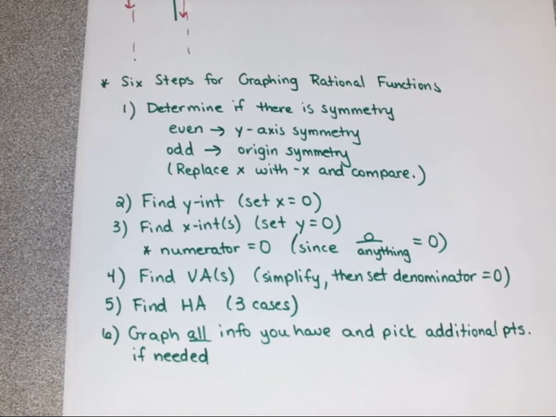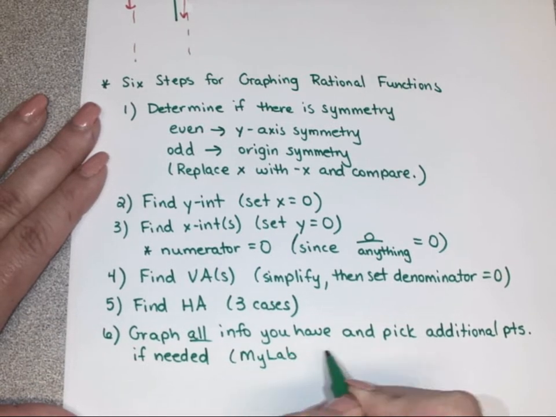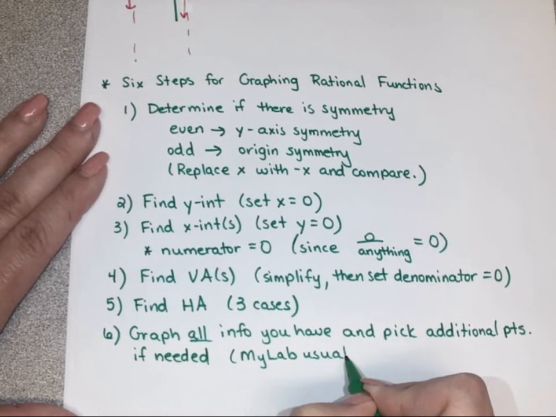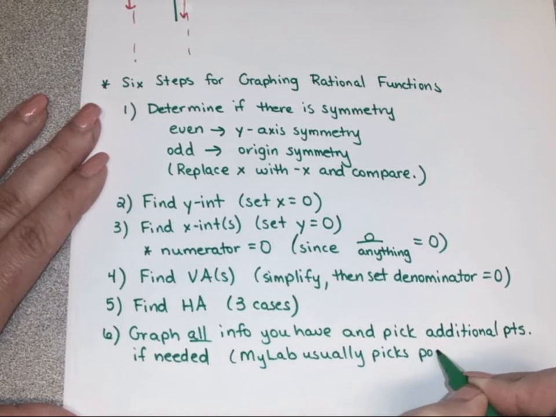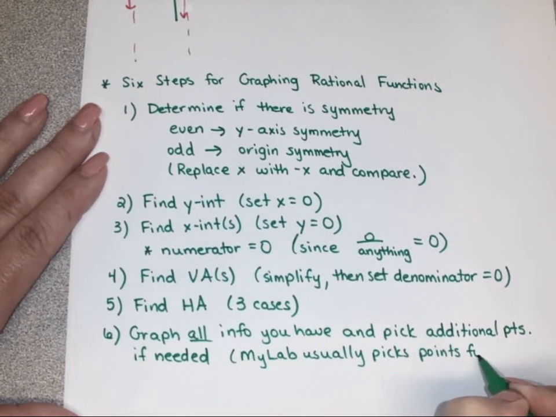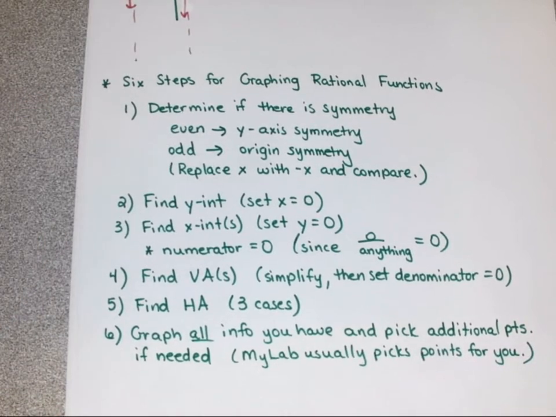You can't know where your gaps are until you've done what? Graph the things that you do know, right? So you graph the things you do know and you see, like, where do I still not really know what the graph is doing, okay? Just to let you know, my lab usually picks points for you. But on test 2, you're going to need to be able to pick your own points, okay, based on where the gaps are.